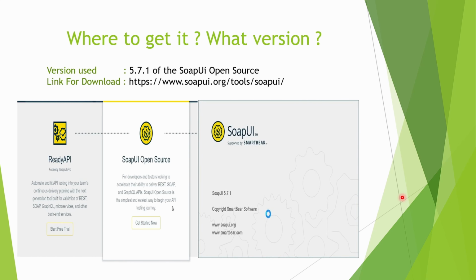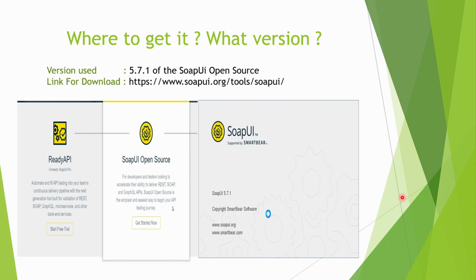Now, how do you get SoapUI, and which version? This course will be based on version 5.7.1 of the open source SoapUI, because it's the latest version now. So if you see the video later on, and maybe there are more features in the open source version, just know that we did it in this version, so that's why we don't talk about those features.